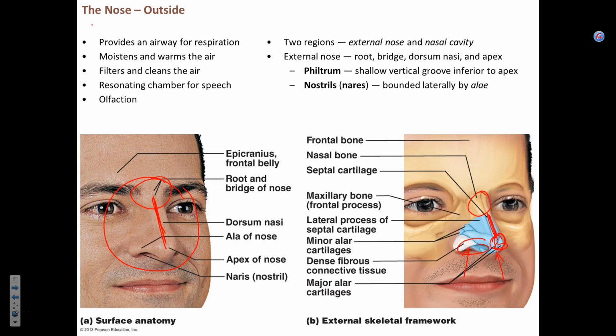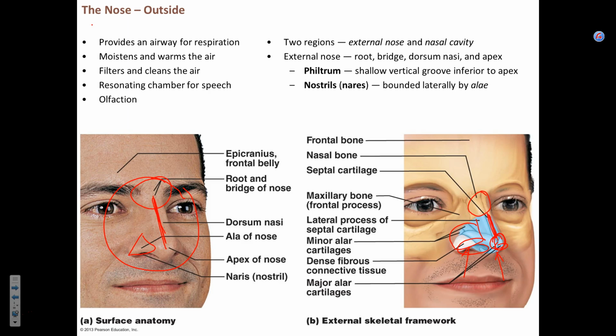Nostrils or nares are bounded... I don't know, what's the normal word for these parts of the nose? Any normal word? In Russian, like a literal translation, we call them wings. Wings of the nose. So the anatomical term is ala.